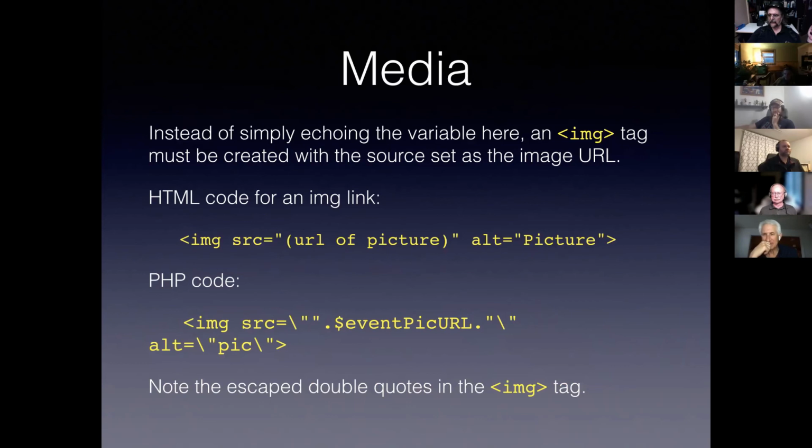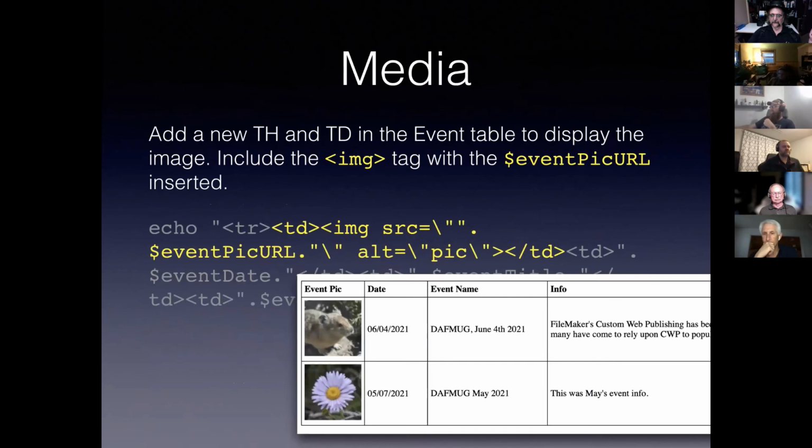So we just need to modify our PHP code to add a table data column that instead of containing text for the event name, it's got that URL, and it needs to be an image, an IMG tag. And because it's got that URL already, it's going to work. It's going to plunk that little picture right in that table. Bingo.